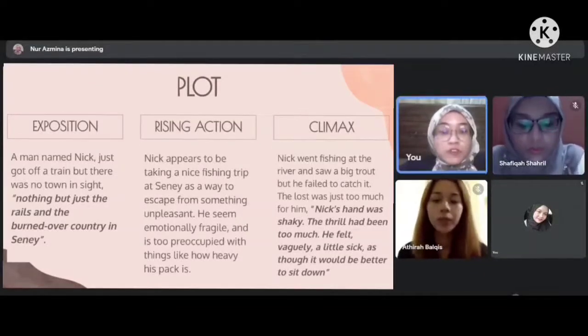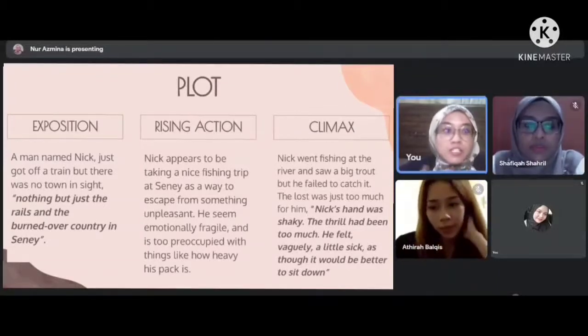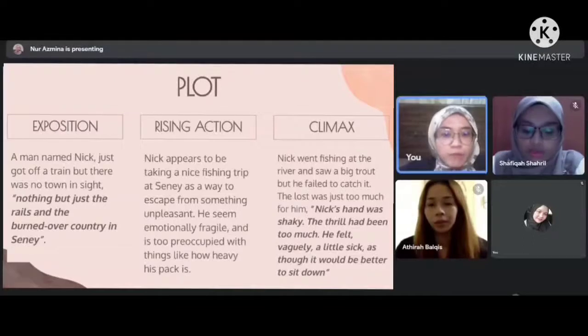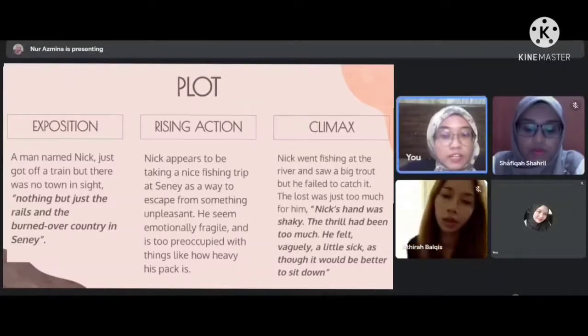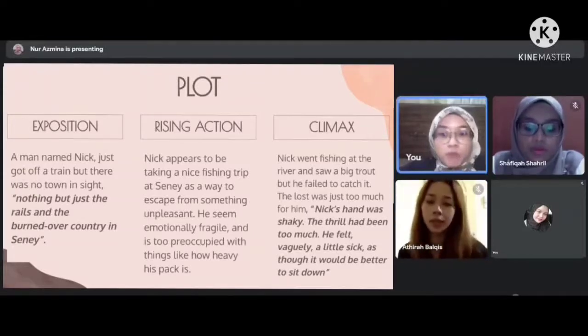Moving with the rising action. Rising action is everything that happened in the story that leads up to the climax. Here, Nick appears to be taking a nice fishing trip at Sydney as a way to escape from something unpleasant. Something unpleasant here means his memories of World War One, and he also seems to be emotionally fragile and is preoccupied with things like how heavy his bag is.